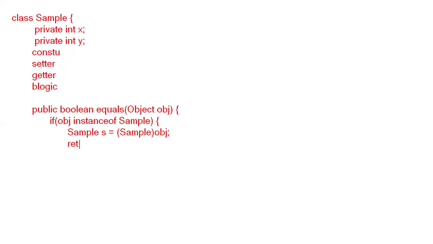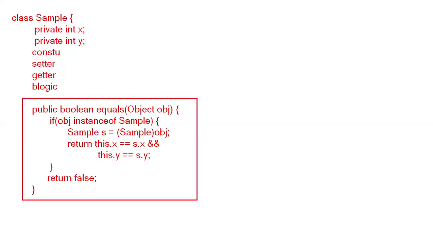How to compare? Return this dot x equal to s dot x. Also, I want to compare the y value. Both x and y values I want to compare: this dot y equal to s dot y. If the passed object is not Sample, then what do you do? Return false. They are different objects. This is the complete, correct implementation of the equals method.